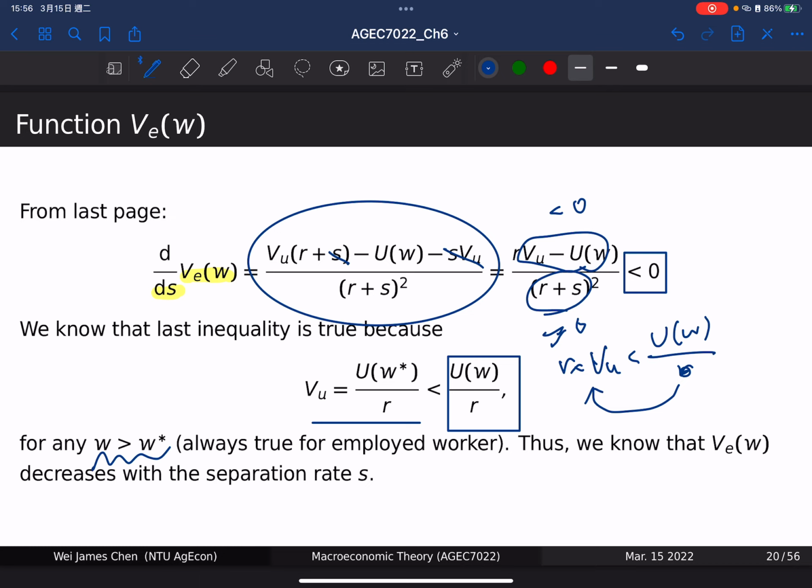So what we know is that VE of W decreases with the separation rate S. That means when the separation rate is higher, this VE of W is lower, which makes sense, right? This is the value for you to have a job that has a wage W. But if the separation rate is higher, that means even if you have this job, there's a chance that you'll be fired. And if this firing probability is higher, then the value for you to possess this job is going to be lower.